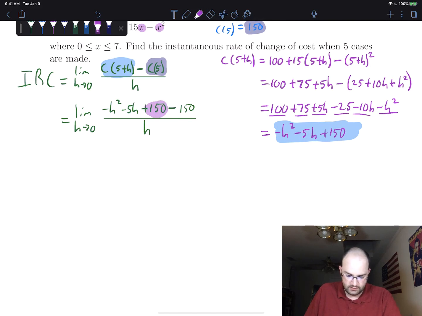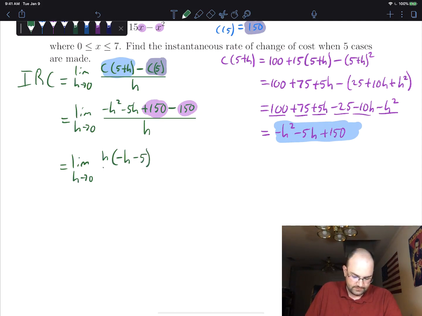Awesome. Notice that the 150 cancels that 150. And in the numerator, you have a common factor of at least an h. So that's going to give me the limit as h goes to 0 of h times negative h minus 5, then all over h.